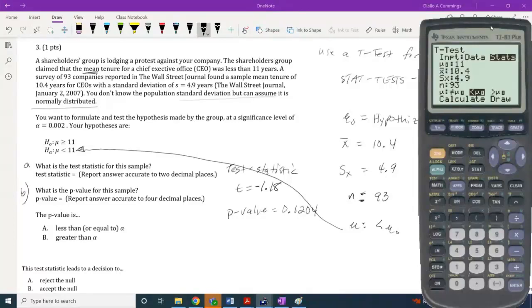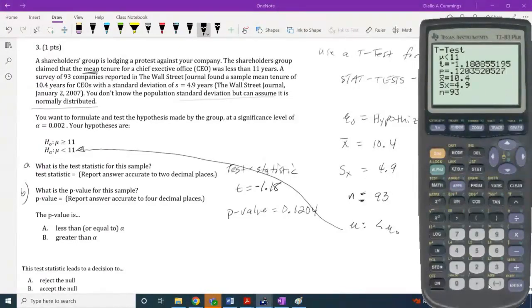Okay. I had these other equalities. Okay, yeah, always use the equality for the alternative hypothesis. All right, so any questions so far? We put everything in. We're able to pull out the test statistic, the p-value.